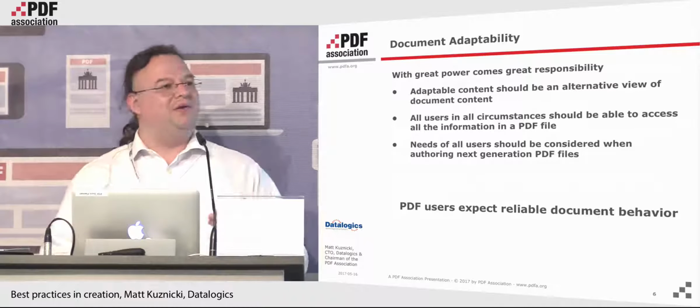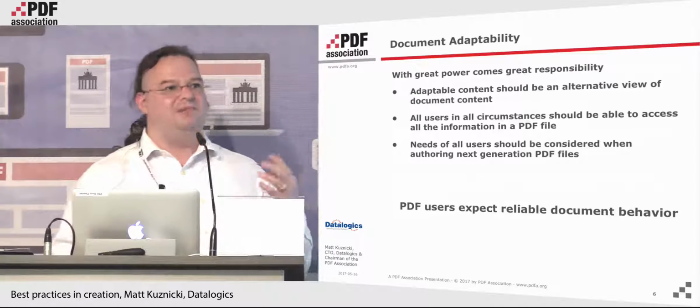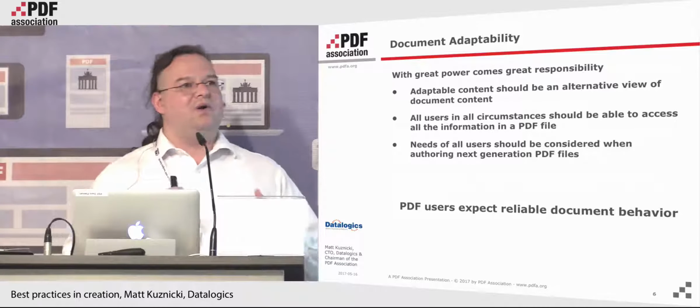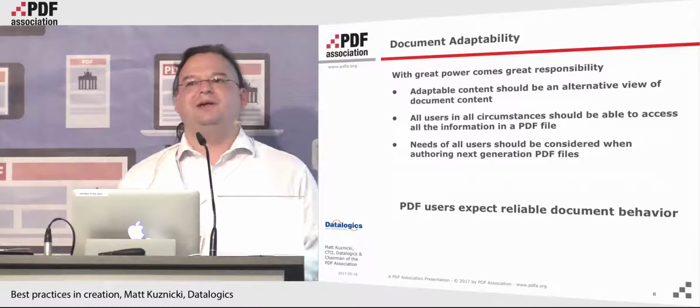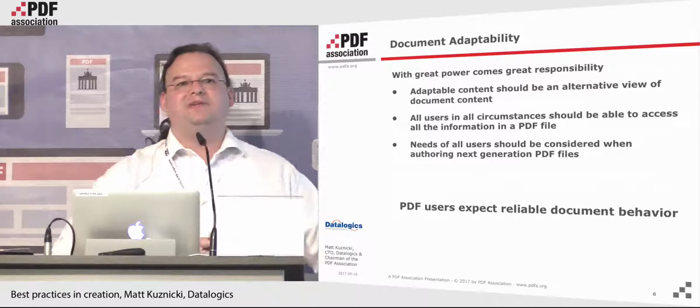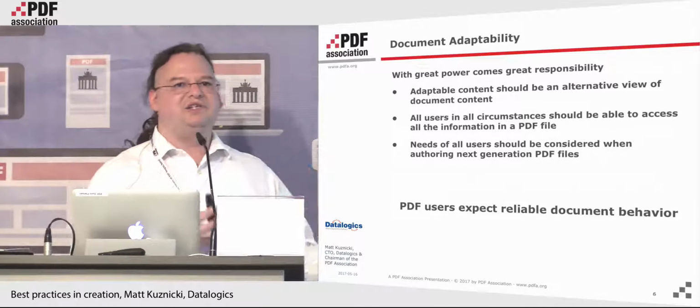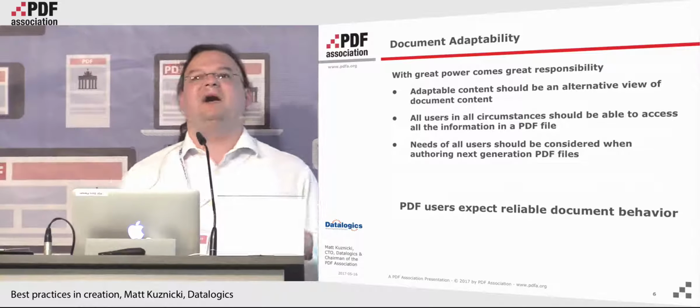The needs of all users when we create next generation of PDF need to be considered. We don't want to create a next generation of PDF that gives a superlative experience to sighted users and leaves low vision users behind.